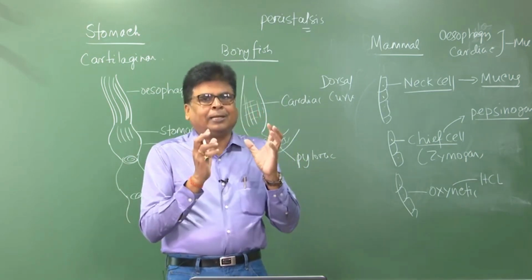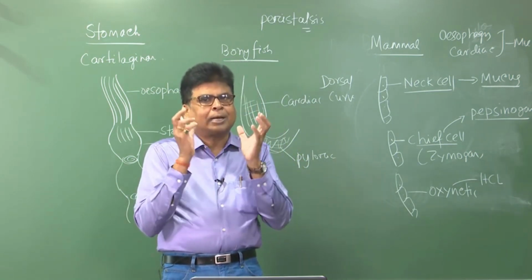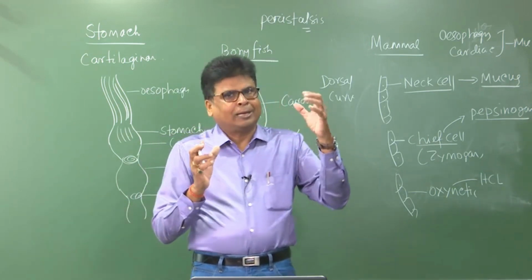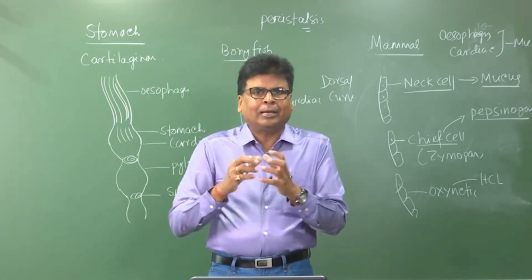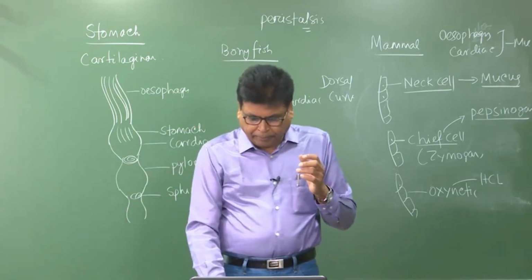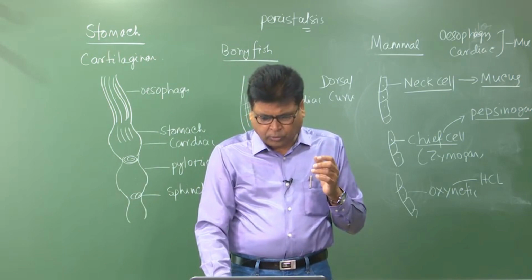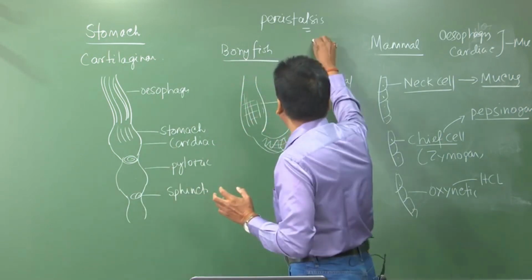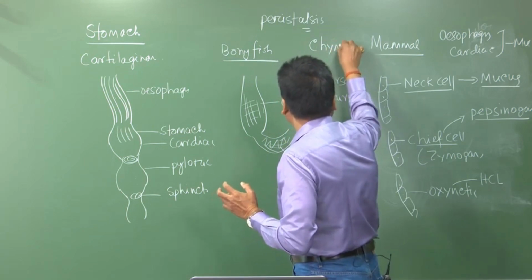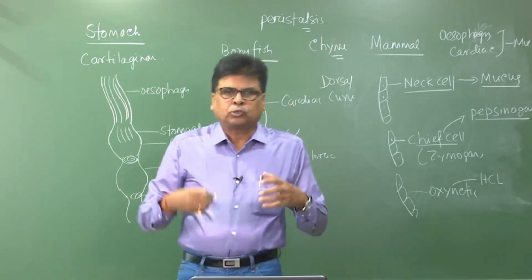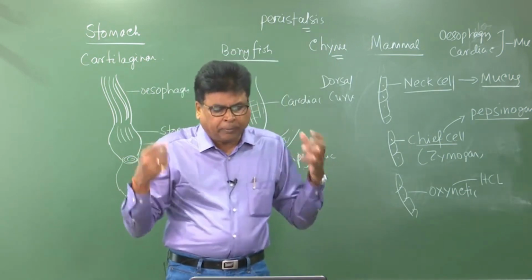So these three fundamental fluids are important: first, partial digestion; second, killing the bacteria; third, making the food into a pasty structure known as chyme. This chyme liquid can enter the intestine for final digestion. For this reason the stomach is very important.